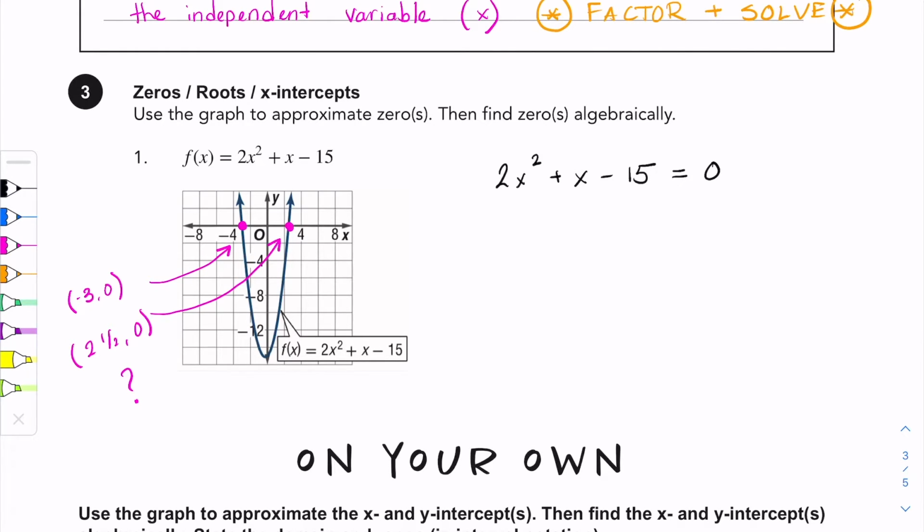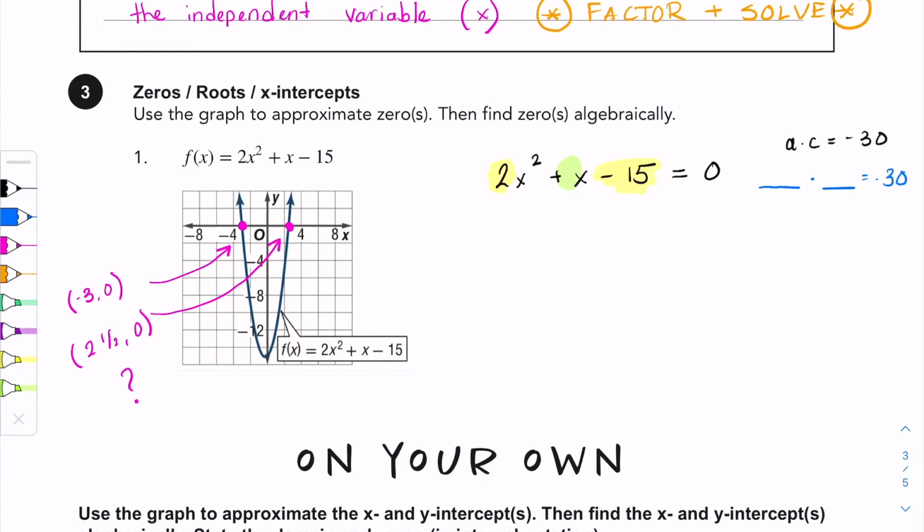So factoring, the way I always teach factoring is the a times c method. We have our a value of 2, our c value of -15. So a times c is equal to -30. We need to think to ourselves, what two factors, so what times what, is equal to -30, but also adds to this middle coefficient of 1.